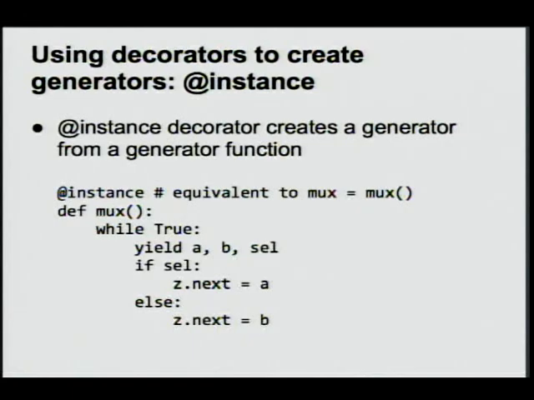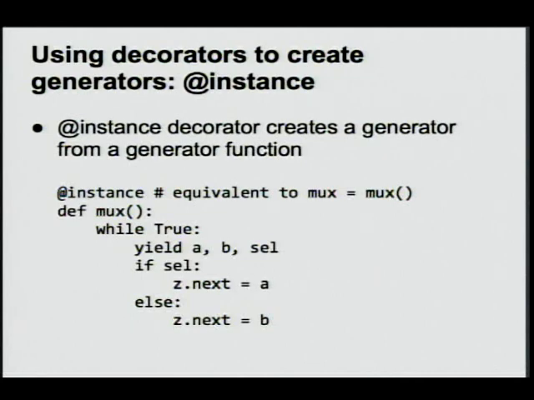So, what this instance decorator does is it calls this generator function and then assigns it to the same name, so that we reuse the name of the function as the generator itself. Okay? This is just a convenience thing. Otherwise, we would have to make this call explicitly here.